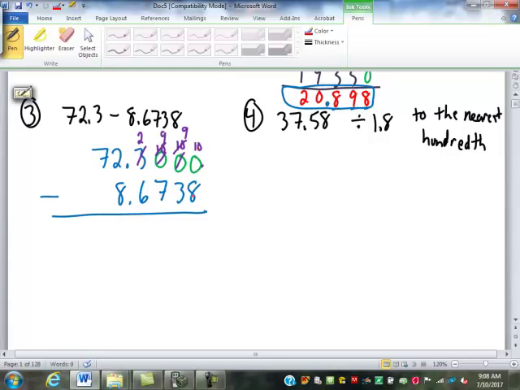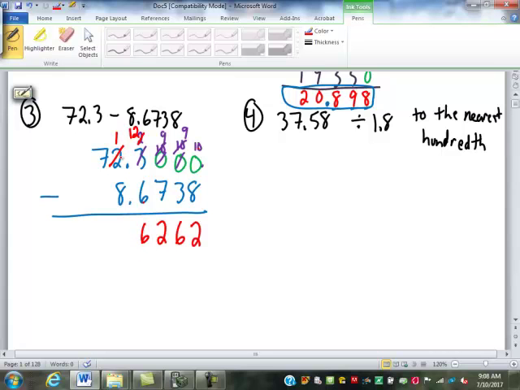So now we subtract. 10 minus 8. 2. 9 minus 3. 6. 9 minus 7 is 2. 2 minus 6. We do have to borrow. So this becomes a 1, and this is 12. 12 minus 6 is 6.